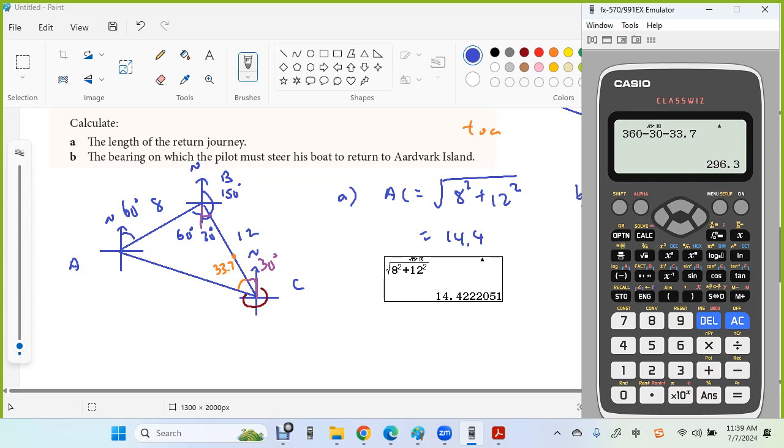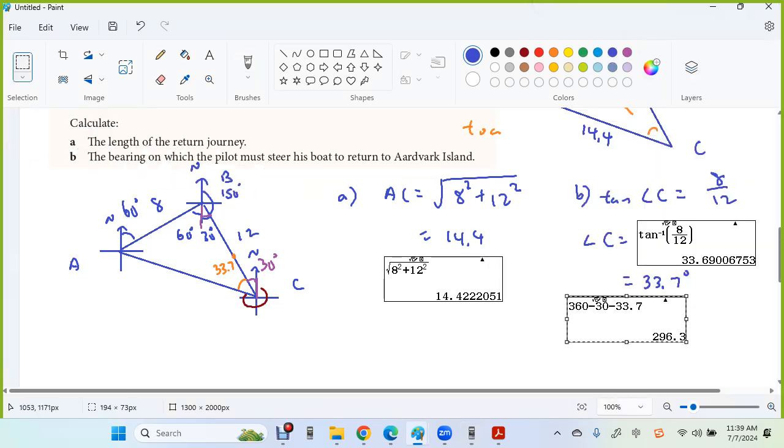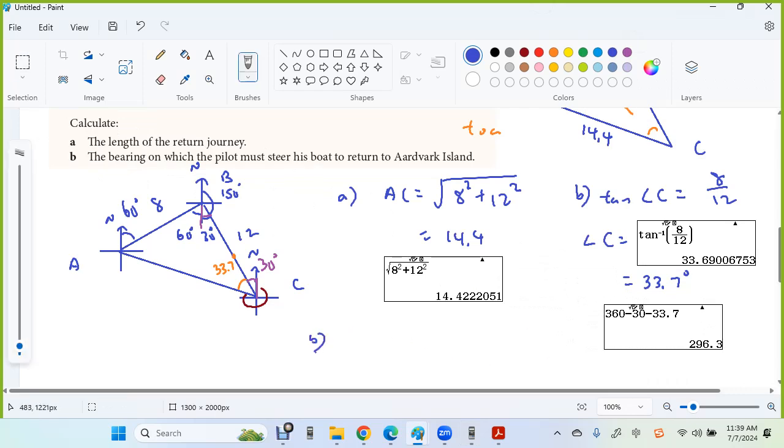Then we have 296.3 degrees. Therefore the bearing is 296.3 degrees. Since we know that at B here is 90 degrees, it is a right angle triangle. So with a right angle triangle, we do not need to use the sine rule or cosine rule. We can just use trigonometry.